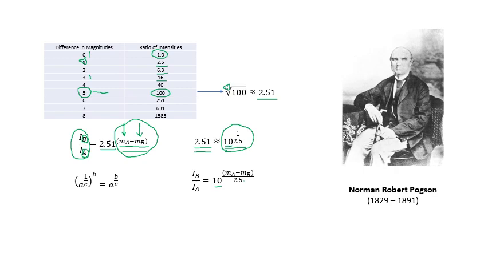And so using this wonderful piece of mathematics here, we can take this formula and turn it into this one. And as I say, the advantage of that is that this is a power of 10. And that means that we can use logarithms to the base 10 to help us.